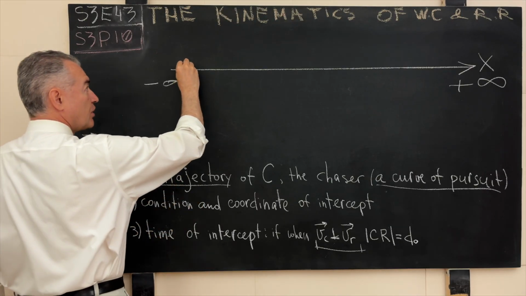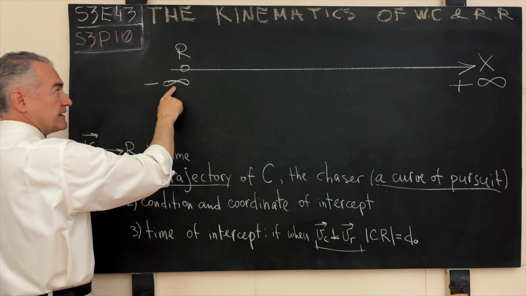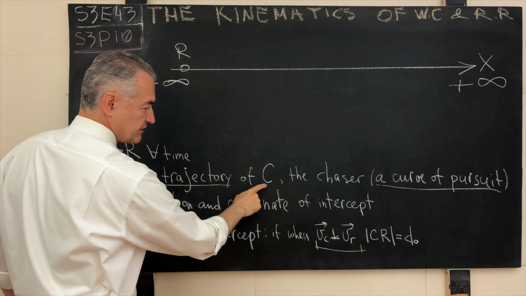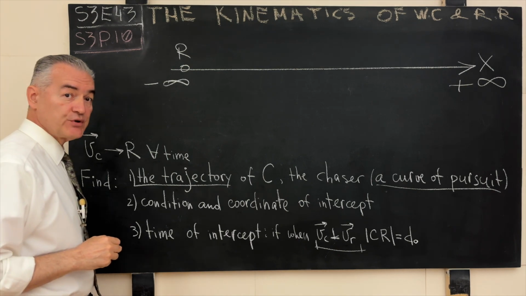So when the point R was at negative infinity, then the vector of the velocity of the chaser C was pointing where?